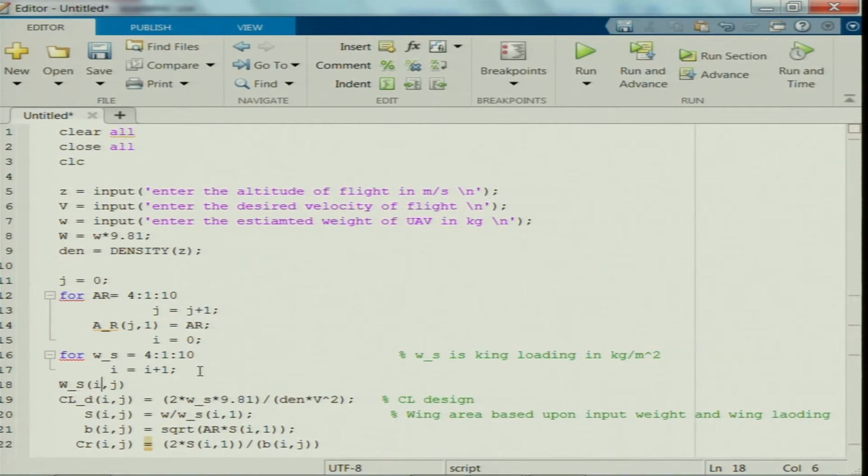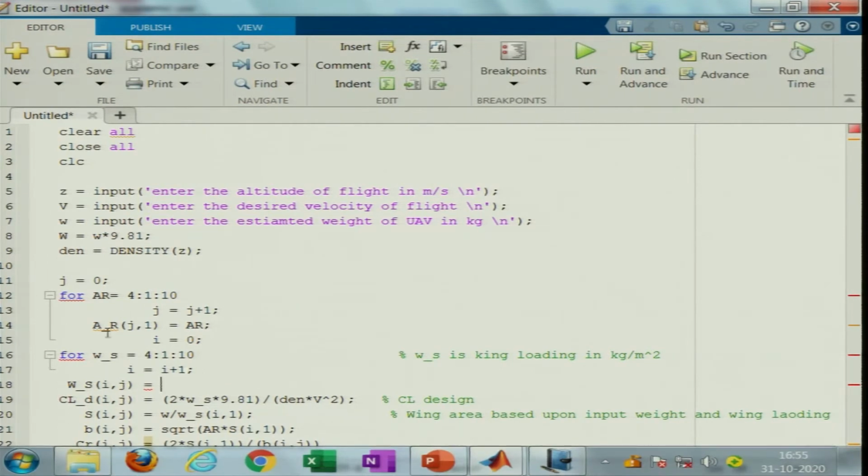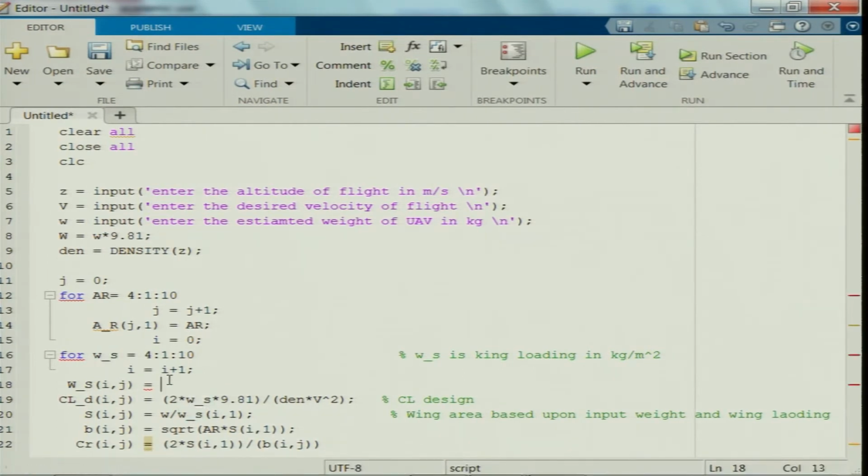Wing loading will be the same, similar to what we witnessed in our previous subroutines. So, for every j, the column vector of W comma S will remain the same, right, because we are varying it, we are forcing it to vary from 4 to 10 with an increment of 1. So, this is equal to W underscore S.